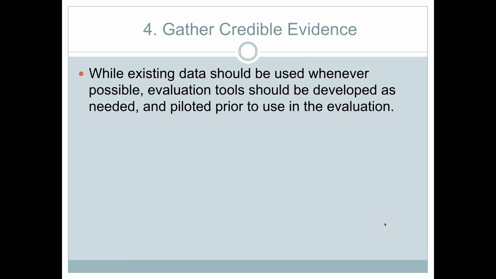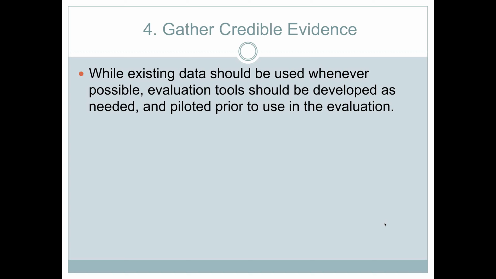So for example, when you're doing an intervention where you're changing some of the risk factors for chronic diseases, you might have in clinical records BMI measurements, waist to hip ratio measurements, blood pressure measurements, blood sugar measurements, and you don't need to do a separate evaluation to get that data if that data already exists in clinical records.